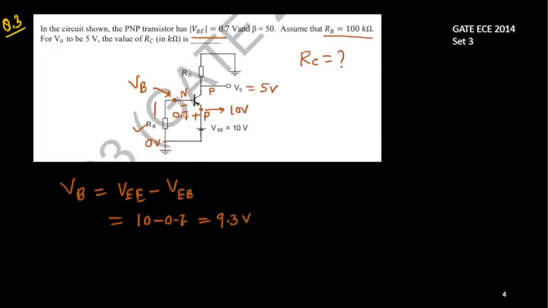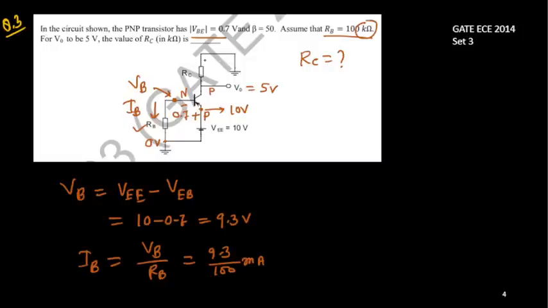So what is the current to this side? This is IB. So IB will be simply VB by RB, so this is 9.3 by 100, that much milliampere, because 100 K was given. Be careful, this is K. Right, so we have got IB. Now what is the potential here on the output side?